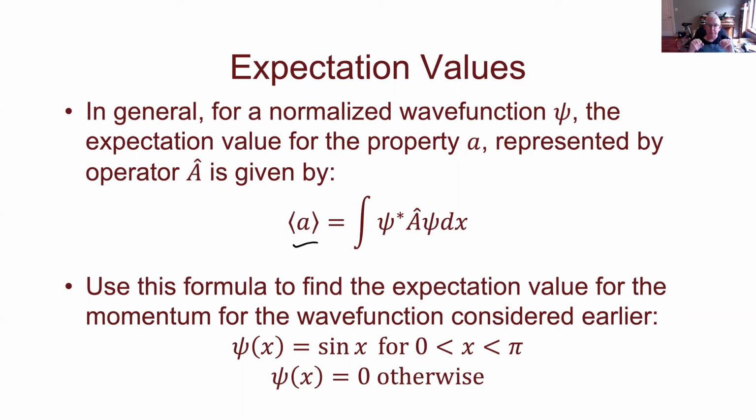I'm going to use this formula, or this definition, to find the expectation value for the momentum of the particle described by our sine function, the one we had moments ago. We have our momentum operator, right? Let's go ahead and do this.